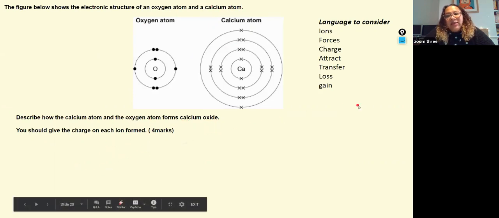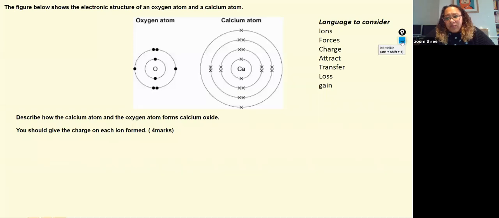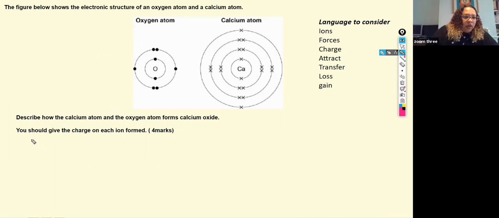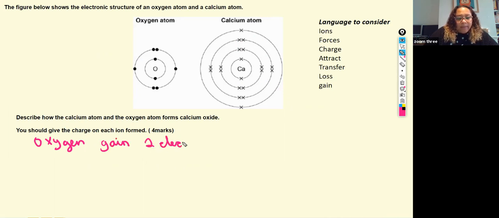So basically the information that you need here, I've done this so that I have to write on it, is that we're going to form an ionic bond. So let's try that. So oxygen will gain 2 electrons. And then you'd say to form the ion that it's going to form, which is O2-.